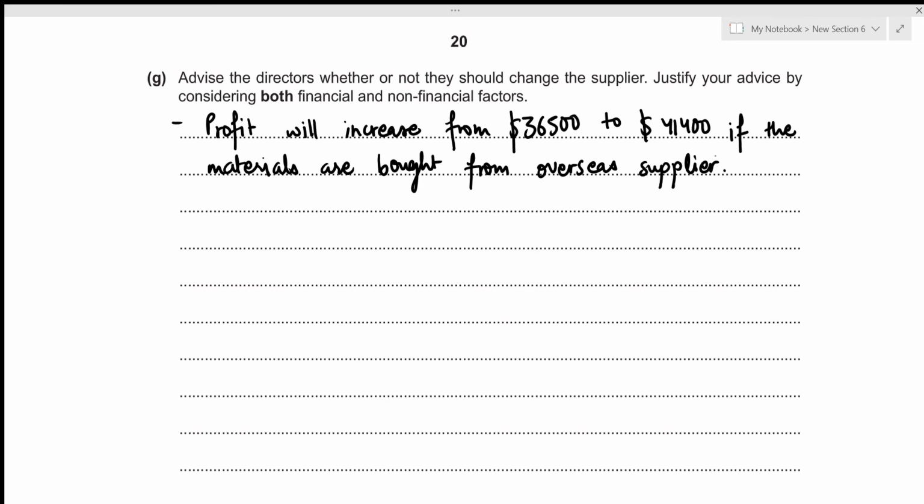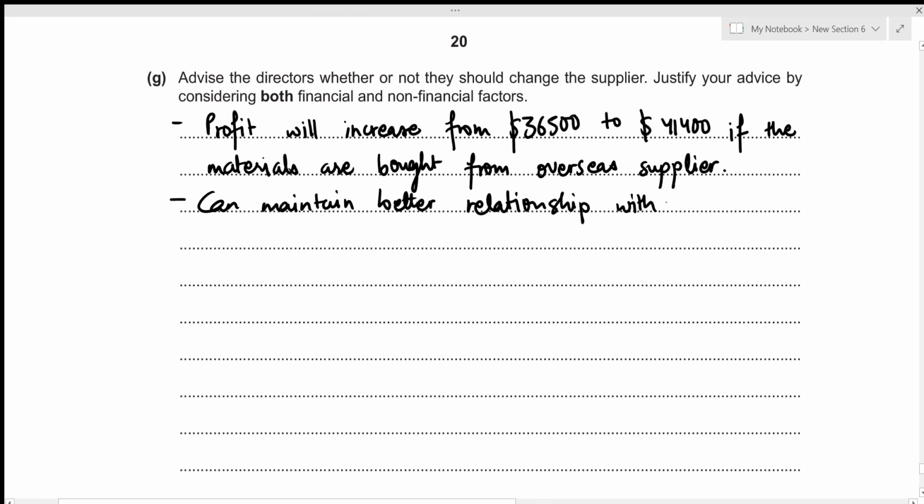Nextly, while changing the supplier, we will be buying from a sole single overseas supplier. So we do not have to maintain relationship with numerous suppliers, right? So that can be an advantage. So can maintain better relationship with a single supplier. All right, nextly, we will only be producing 7,600 units if considering an overseas supplier, right?